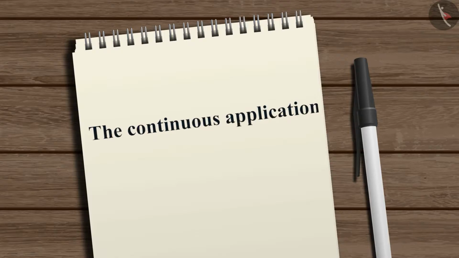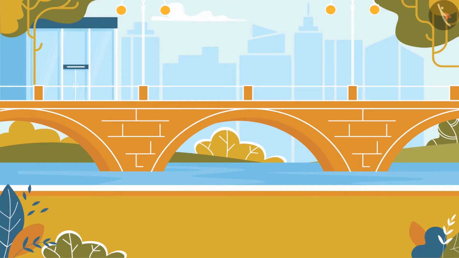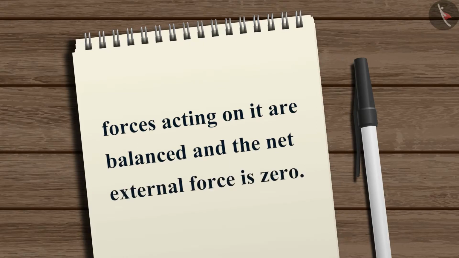However, some people get the wrong impression that the continuous application of unbalanced forces will keep an object in motion. The correct understanding would be that any object will maintain its state of rest or state of motion when all the forces acting on it are balanced and the net external force is zero.